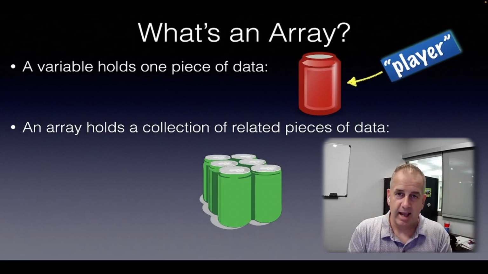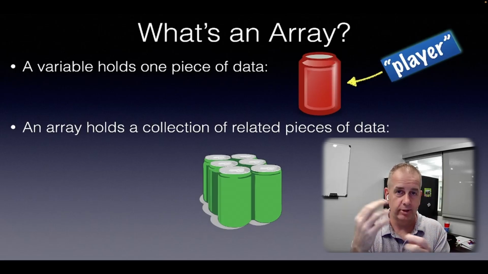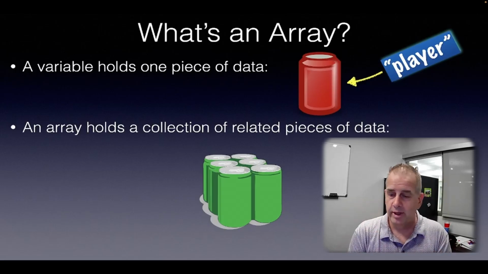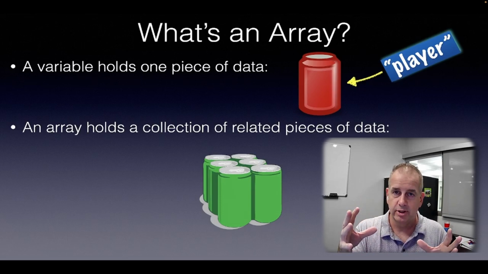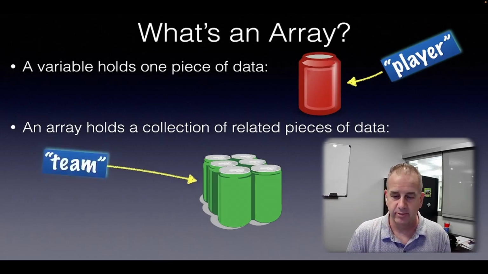So like a six pack, and those individual cans in there are still going to have the same limitations of a variable, right? It can hold beer or it can hold soda, but it can't hold both. But now we've got a way to start dealing with bigger data sets than just one piece of information.